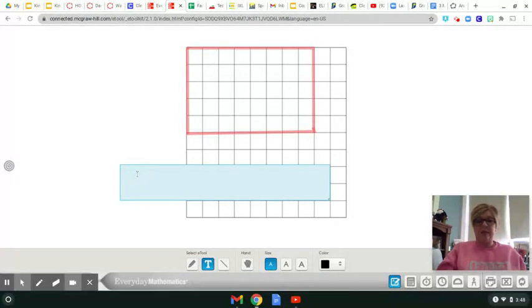We'll just put it in here. Our area would be 40 square feet. Okay, and we use that graph paper or graph screen, I guess, to determine that once we mapped it out and kind of drew a picture to help us.